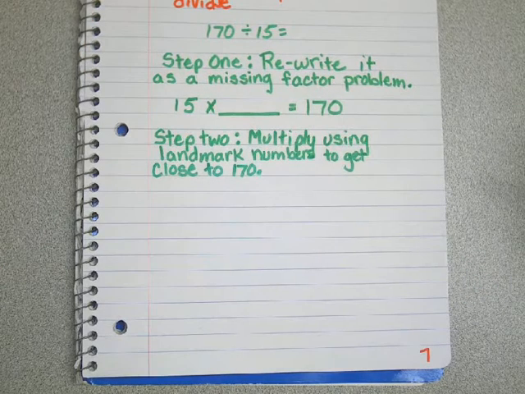Landmark numbers are numbers like 10, 100. They're easy to multiply by.